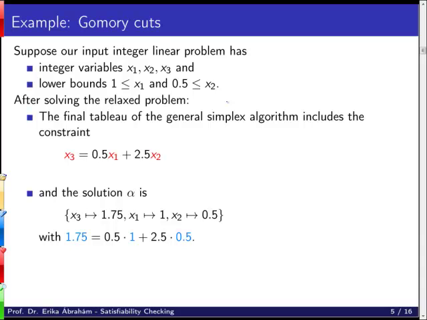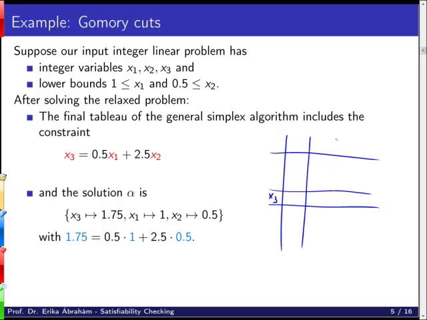We use simplex, and assume that after solving simplex, we have this row in our tableau. x3 equals 0.5 x1 plus 2.5 x2. That means if I have here the tableau, then it has one row. I have here x3, and here I have x1 and x2, and the coefficients are 0.5 and 2.5.